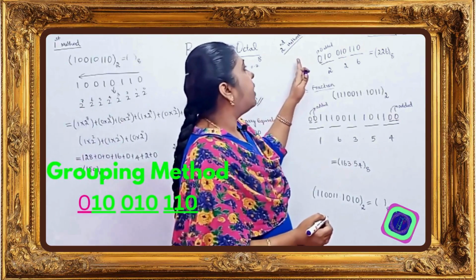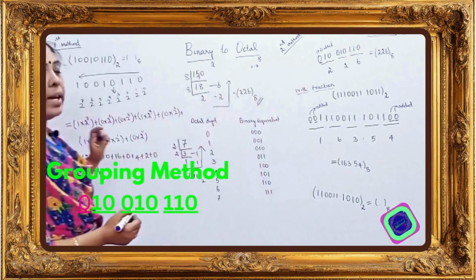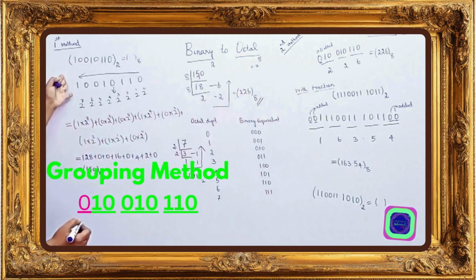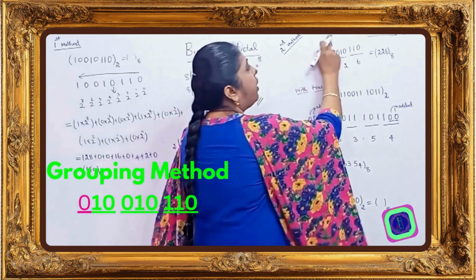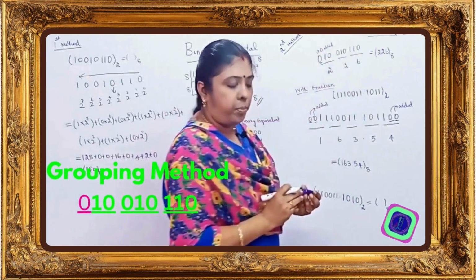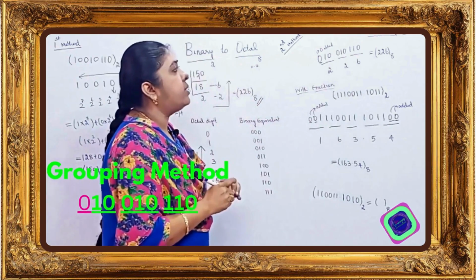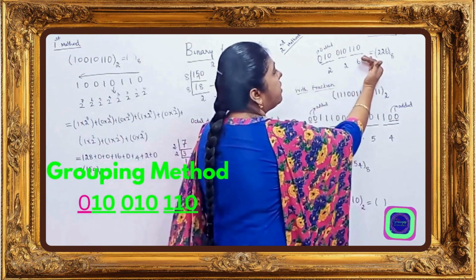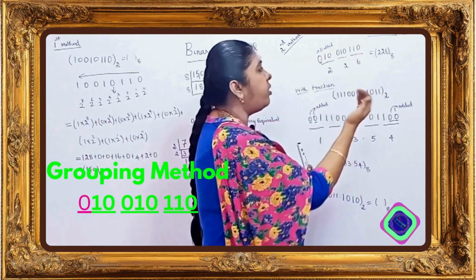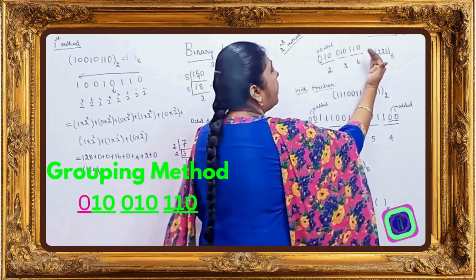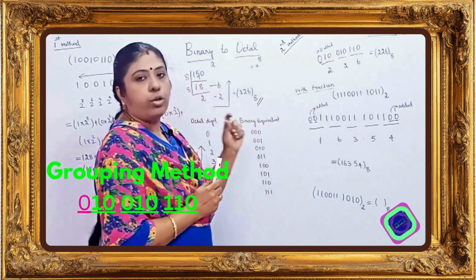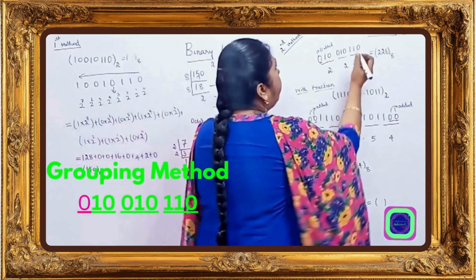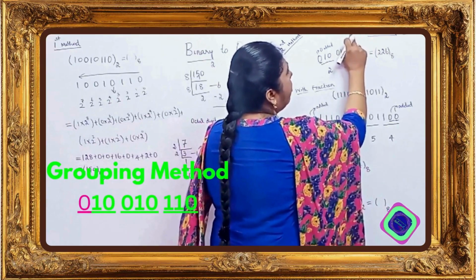In the grouping method, consider the same example that I took in the first method, that is 100, 10, 110. Now how do we divide? Starting from the right hand side, since it is an integer number, as the weightages are added, similarly we divide these binary bits into groups of 3 bits. From the last, 1, 1, 0.